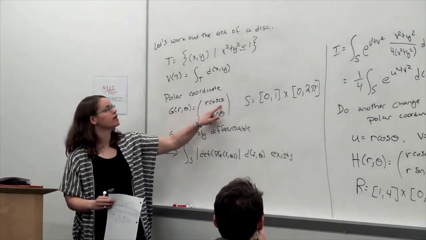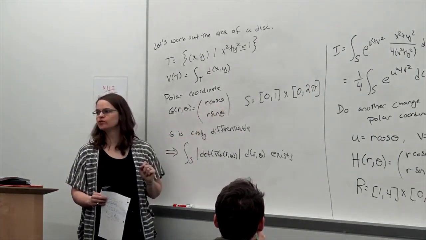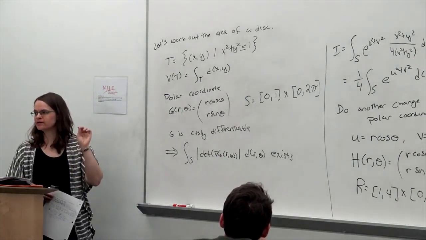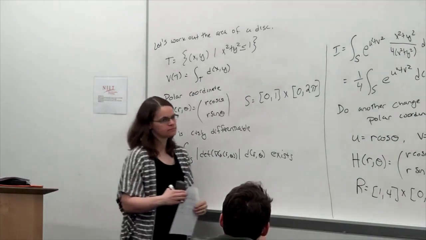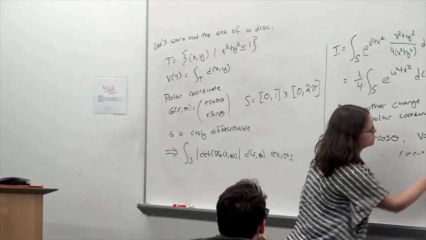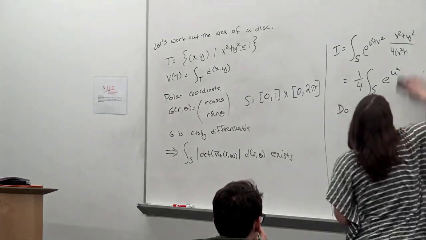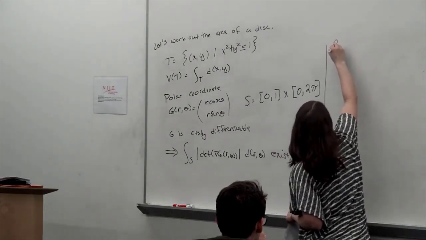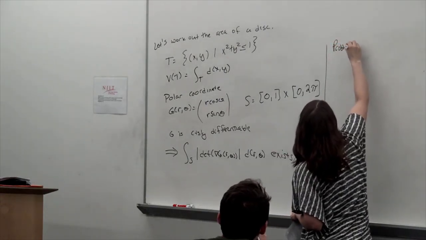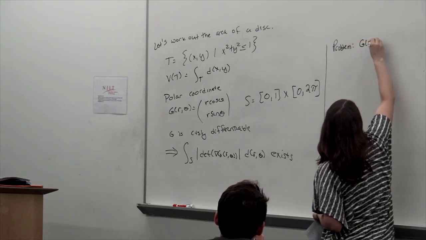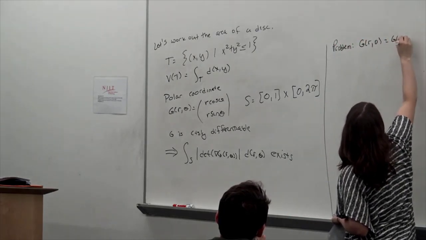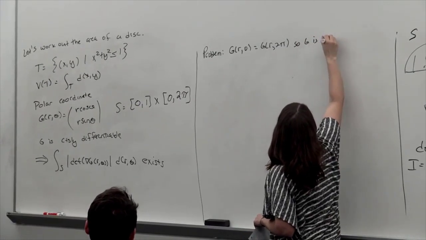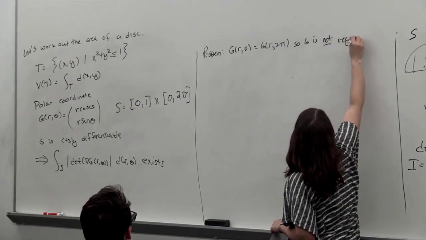And if I plug in theta equals 0, or I plug in theta equals 2 pi, I get the same value back. So this is actually not regular. So this is our big problem here. So G of (r, 0) equals G of (r, 2 pi). So this is not regular.